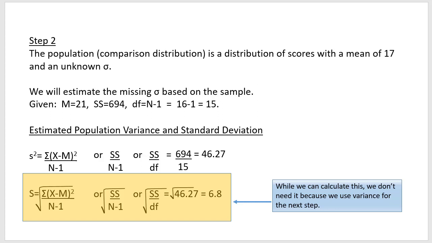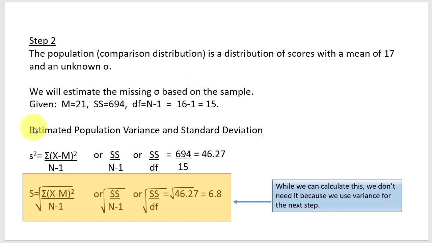The sum of squares for the sample, which is everything that's on top of the equation, the sum of x minus M squared, is 694. The degrees of freedom, which is equal to n minus 1, is 16 minus 1, because 16 is the number in the sample from your dorm, minus 1 equals 15. That gives us the information we need in order to calculate the estimated population variance and standard deviation.